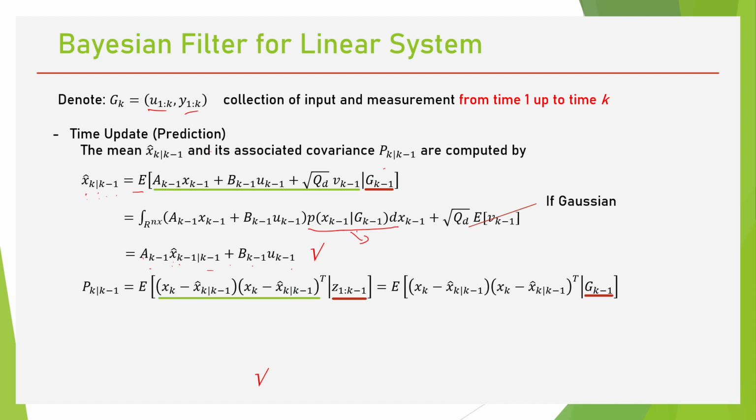Then when we compute the expectation of it, we must have the information that this estimation has big error or small error. So we need to bring along the information of the error that is represented by the covariance matrix P. We use the operation of expectation on this formulation that I showed earlier.